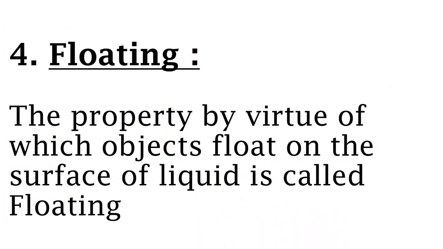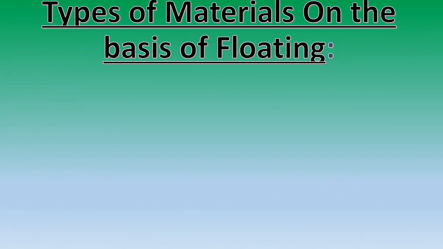The fourth property is floating. The property by virtue of which objects float on the surface of liquid is called floating. The types of materials on the basis of floating.